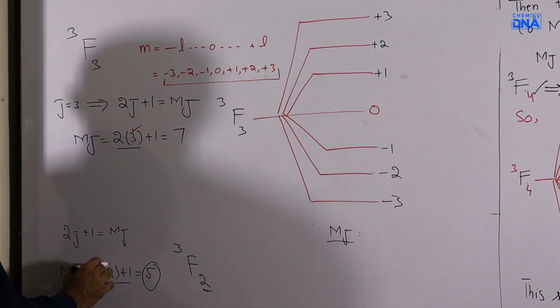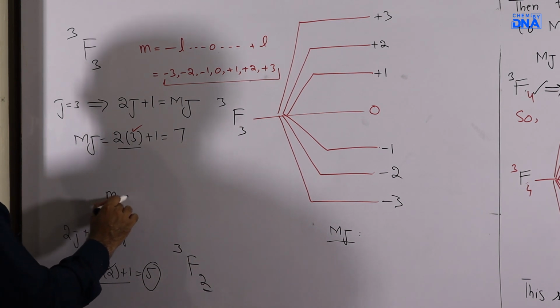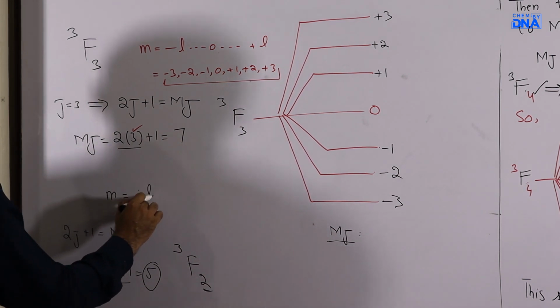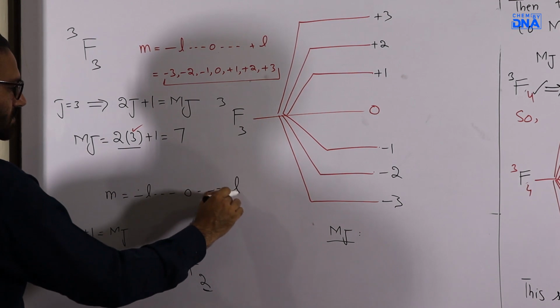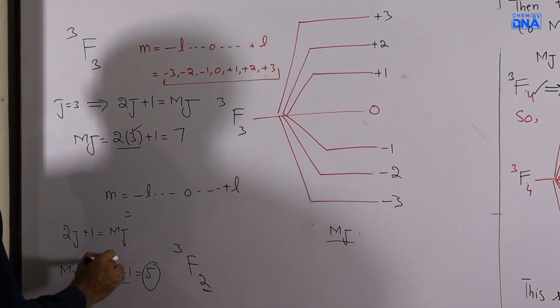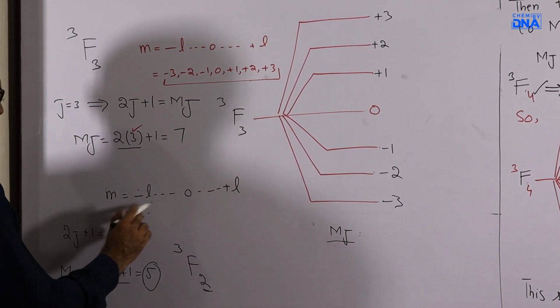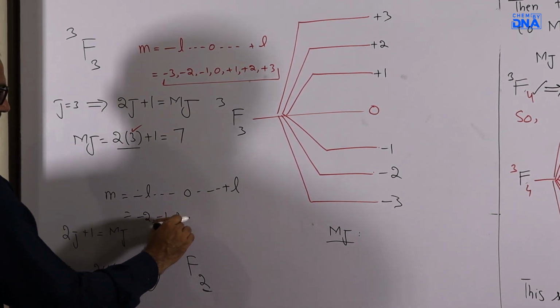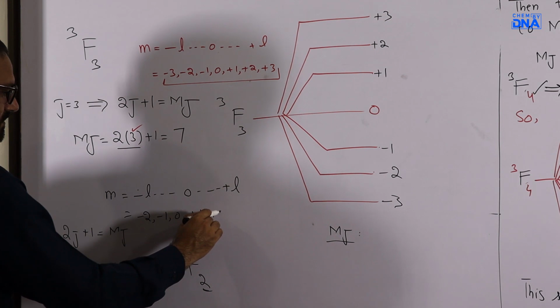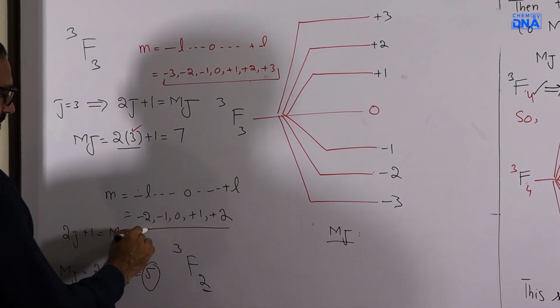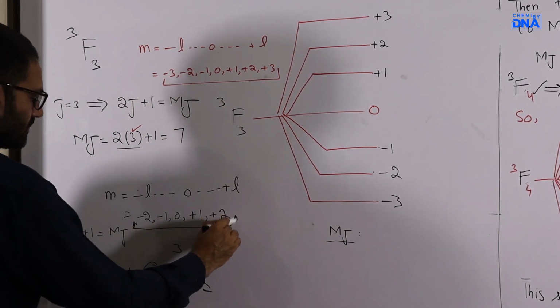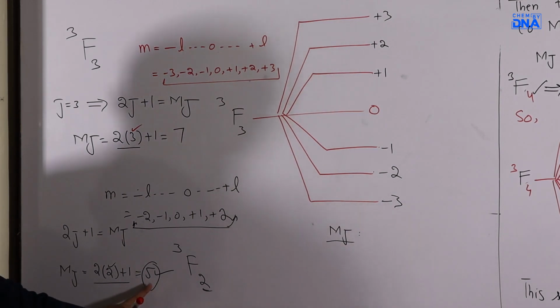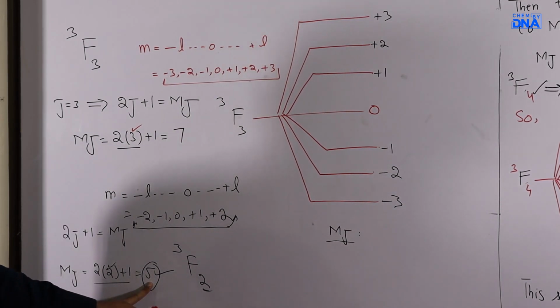Or if you place this value into the magnetic quantum number, that is minus L up to 0 up to plus L, you will get minus 2, minus 1, 0, plus 1, plus 2, and total 5 energy levels are obtained over here.